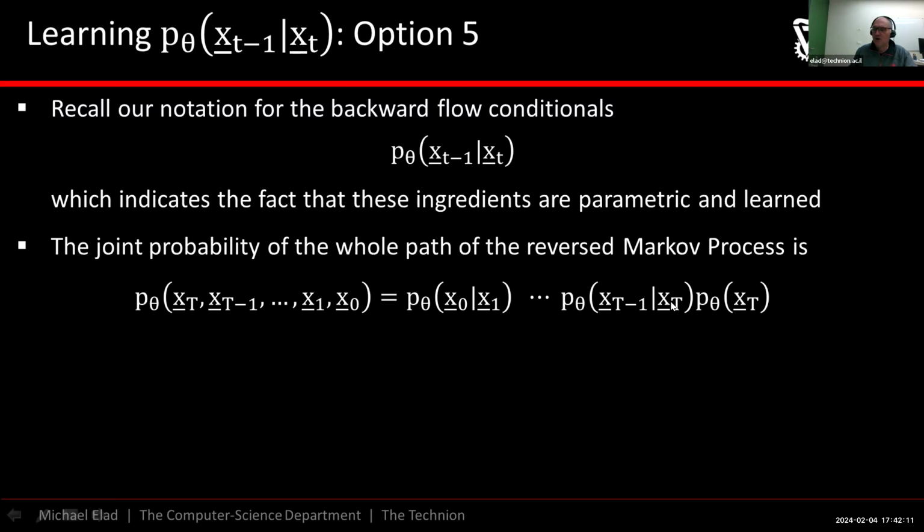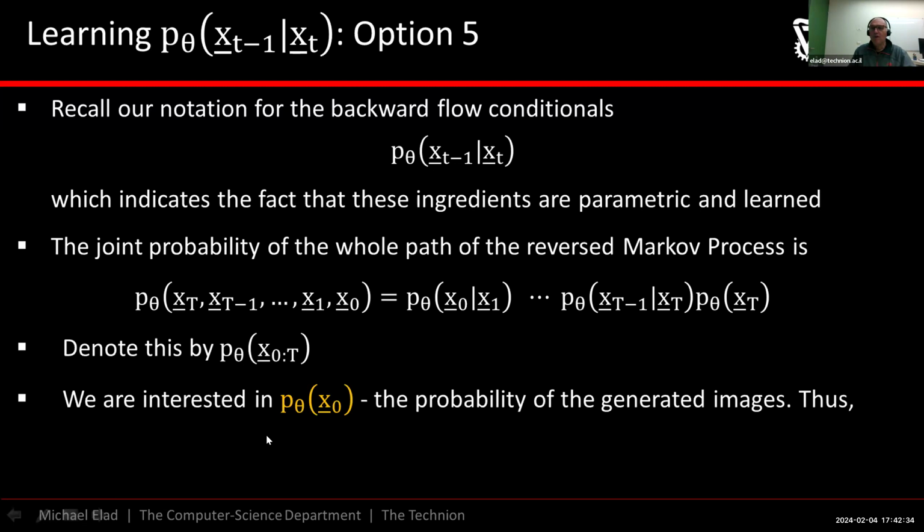From it, conditionally, you generate xt minus 1. From it, xt minus 2, all the way to x0. This is the joint probability of the complete path as it was created from capital T to 0. Okay, and again, the notation is very simple. It's a probability of the complete path from 0 to T or T to 0. It's the same thing.